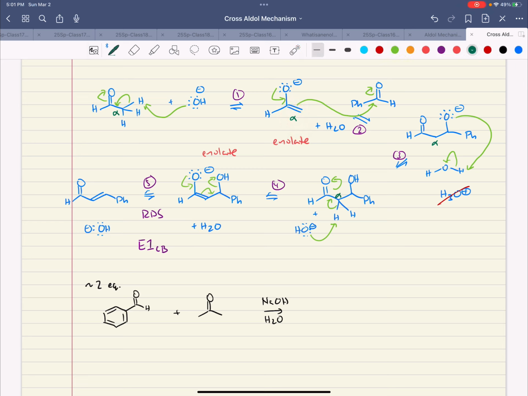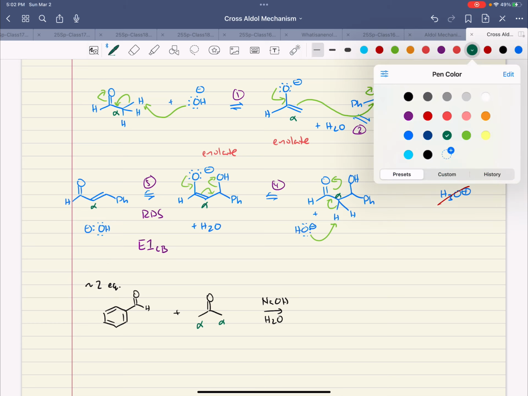Alpha, alpha, alpha, alpha. But for this molecule here, we have 2 sides, alpha and alpha. It doesn't matter, again, what you take care of first, okay? Maybe you make the enolate on this side, okay?